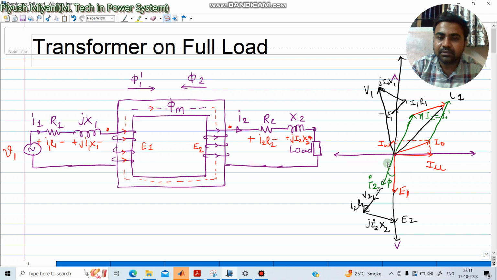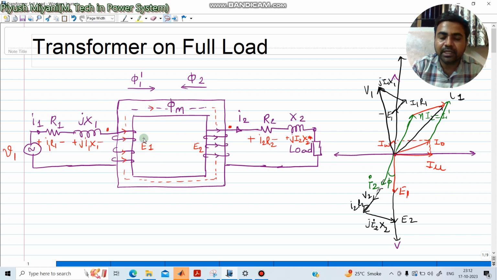Now E1 and E2 are known as self-induced EMFs. They are produced due to the flux phi m, and this flux ultimately gets produced due to the current I1. So if you correlate everything, the current is produced due to the V1 voltage, due to this I1 there is a flux, and due to this flux there is an E1.